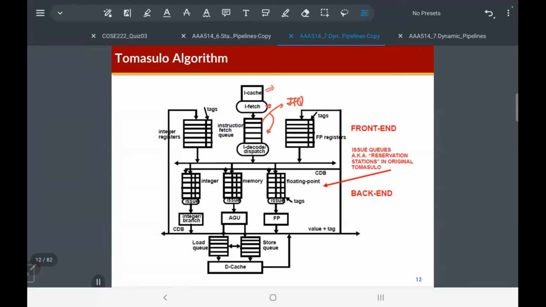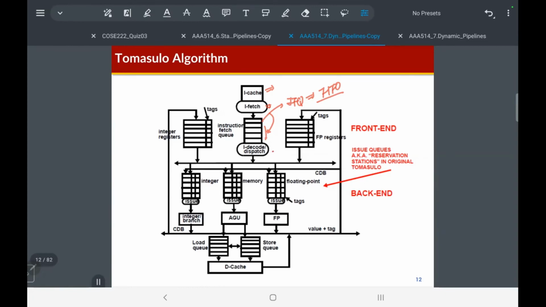The instruction fetch queue is just FIFO form. FIFO means first in, first out, which means the instructions are fetched in order, and the instructions are decoded in order by the instruction decoder. Then the decoded instructions are delivered to the different issue queues.